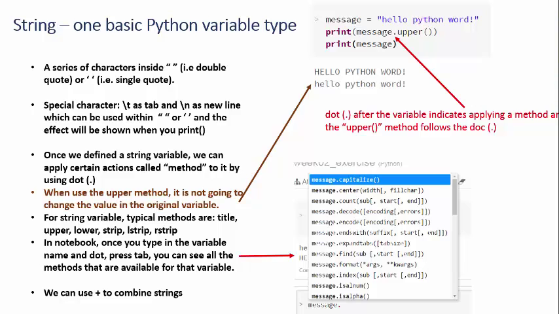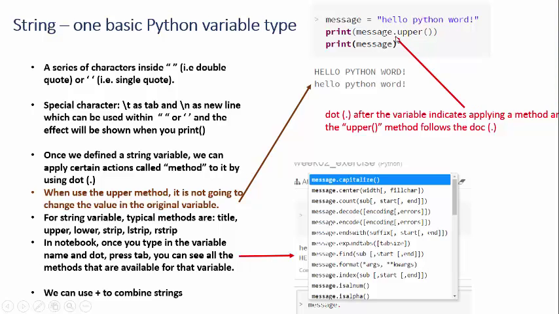Once we define a string variable, we can apply certain actions called methods to it by using the dot operator. For example, here we assign hello Python world to message. Then message is a variable that contains string content. Now it's all lowercase, hello Python world.